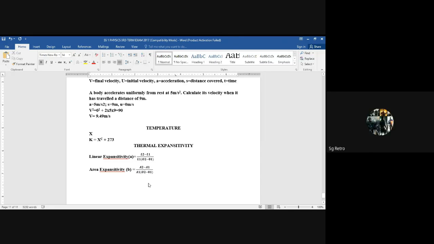Then if it is volume expansivity, note A2 is the final area, A1 is the initial area, while theta 2 is the final temperature and theta 1 is the initial temperature. Our gamma is equal to V2 minus V1 divided by V1 times the change in temperature. That's the formula we use in this case.